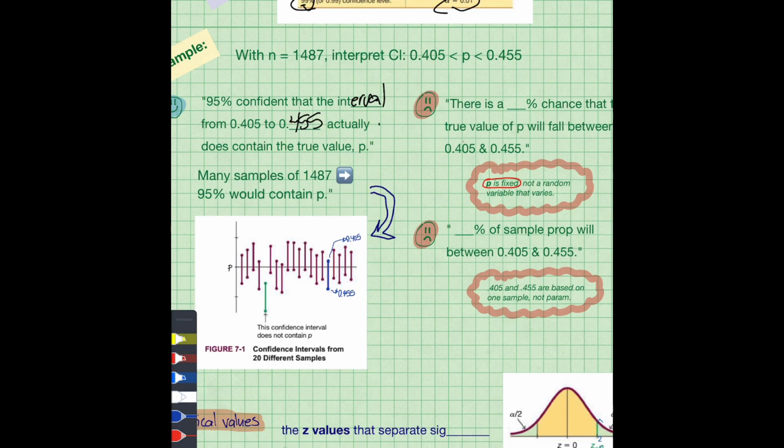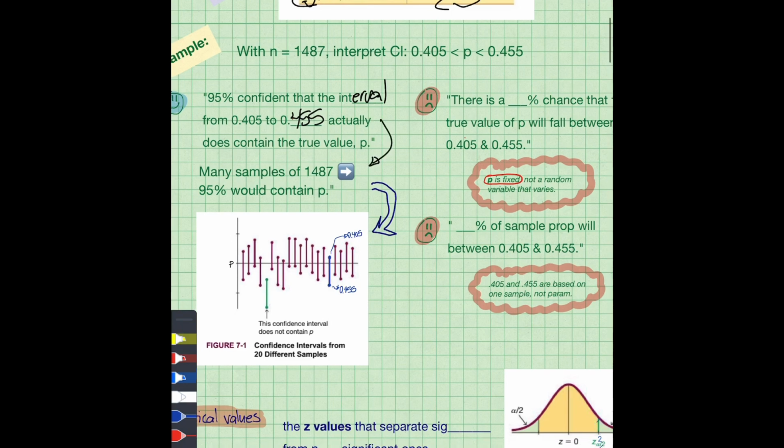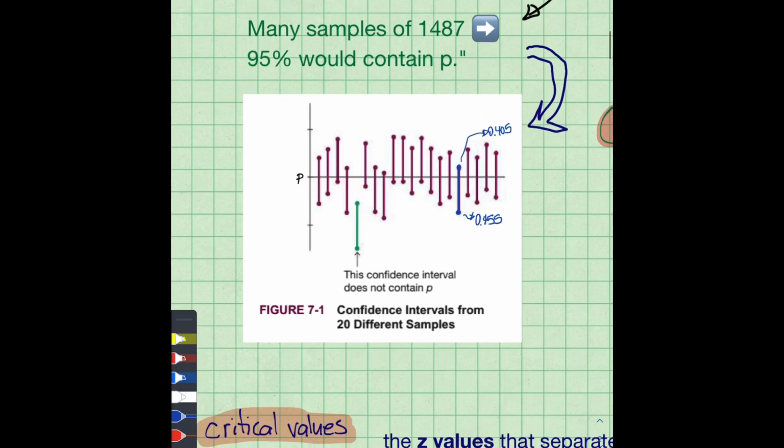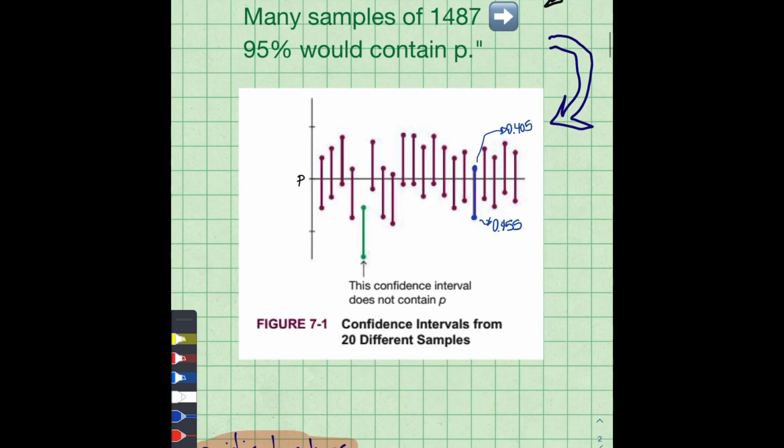So what that means is, if I can bop down to this one before to look at some bad examples of that interpretation, is that if I were to take many different samples, right? Boom, boom, boom, boom, right? And here's the one that I just did, right? That 95% of them would actually capture whatever P is.